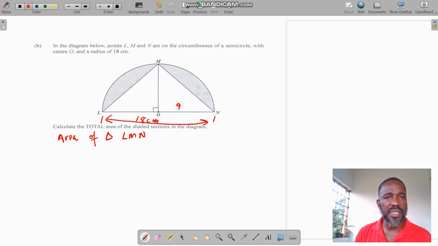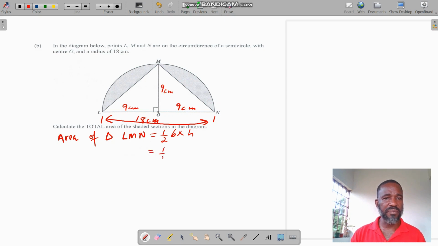Then we know that this side is 9 centimeters, this side is 9 centimeters as well, and we also know that this is 9 centimeters because MO is a radius. We know the area of a triangle is half the base times the height, because we know the height.